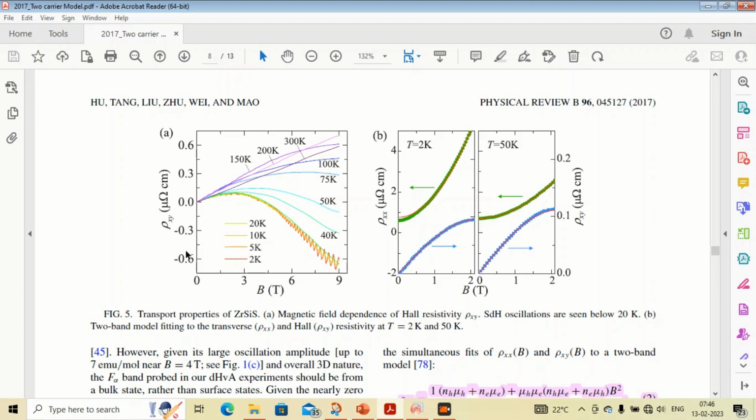The first one, in the longitudinal direction, is rho xx, and the second one, in the transverse direction, which is also known as Hall resistivity, is rho xy. So we get two different curves, and in order to have a detailed idea about the number of carriers and their mobility, we apply some models. We fit those curves, and we get these quantities.